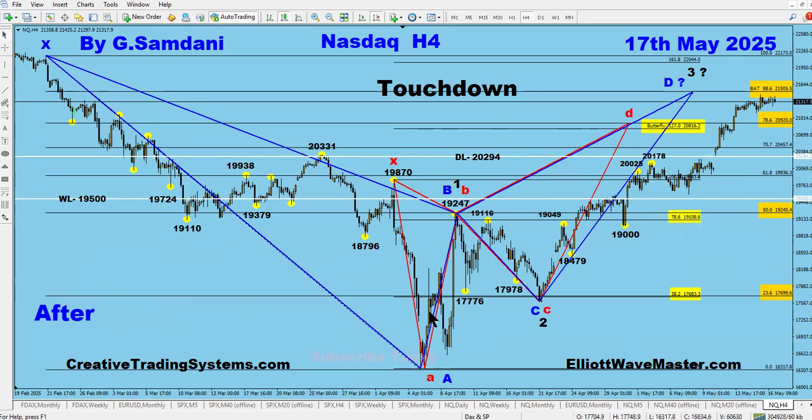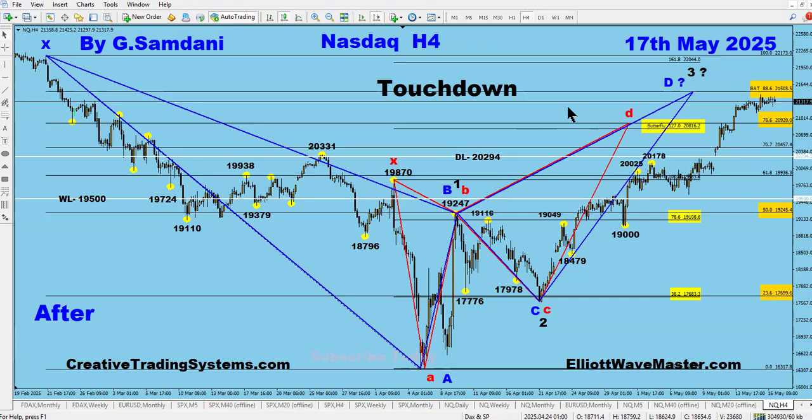According to this fib and this pattern, it is 50, 23, and then usually comes 88. But 78% was also important because it is the square root of 0.618. So very important, right?